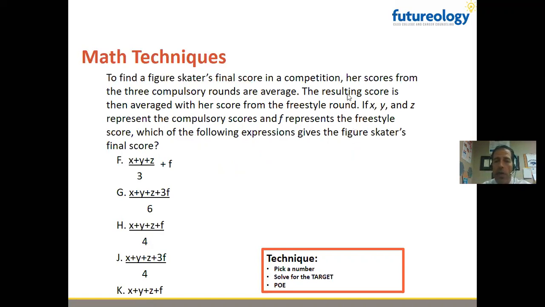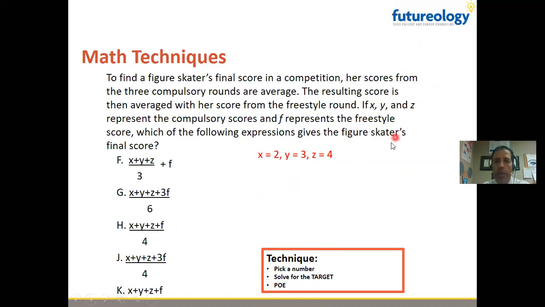So the first step in a plug-in problem is picking numbers. I get to pick a number for X, Y, and Z first. So I picked X is 2, Y is 3, and Z is 4. If you want to pick 6, 8, and 10, go right ahead. If you want to pick 15, 75, and 140, I wouldn't recommend it because it makes the math harder, but you can do that too. Again, we're going to walk through this, and then we're going to do a lot more problems.